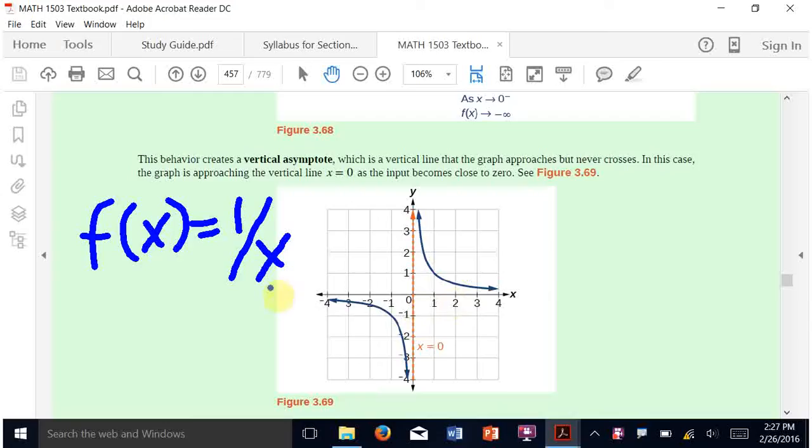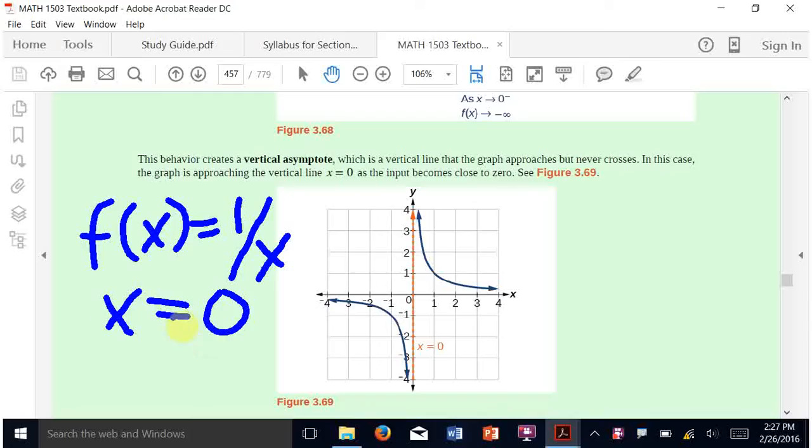Okay, so that comes from section 1.2, if you'll recall. You can't have a 0 in your denominator. So to find a vertical asymptote, you would set your denominator equal to 0, and that ends up being your vertical asymptote.